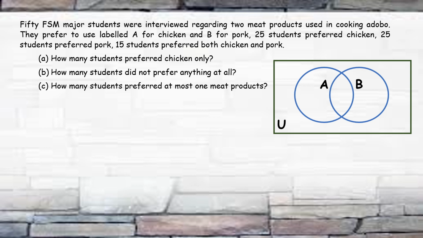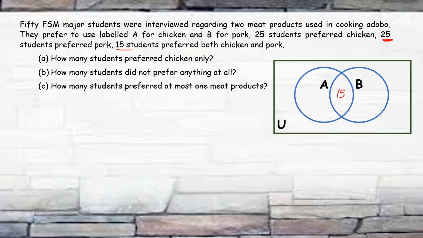Sabi dito, 15 ang both chicken and pork. So, automatic nandiyan na yung 15. Okay? Now, in the set B, which is pork, 25 daw.